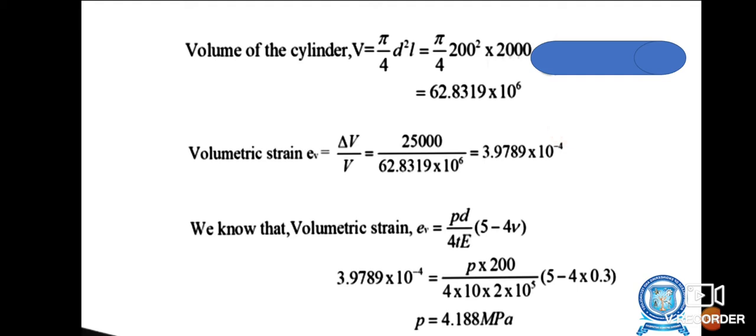Okay. Next, we know another volumetric strain formula: εv is equal to PD divided by 4tE, times (5 minus 4μ). That is another type of volumetric strain formula. Listen, once again I will read the formula.